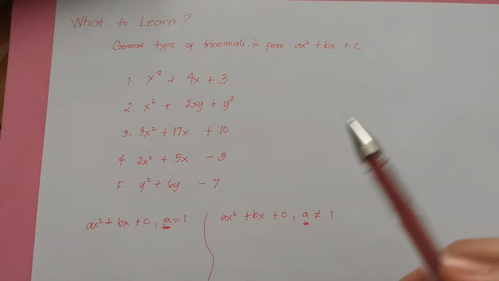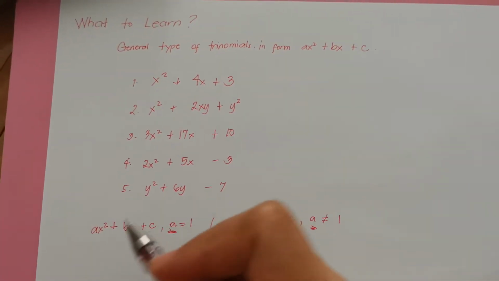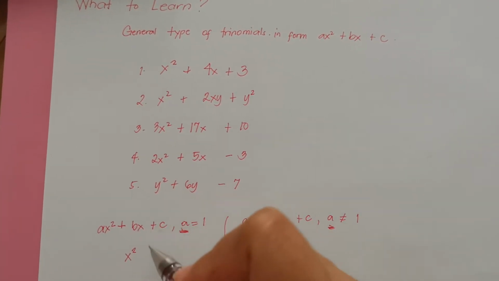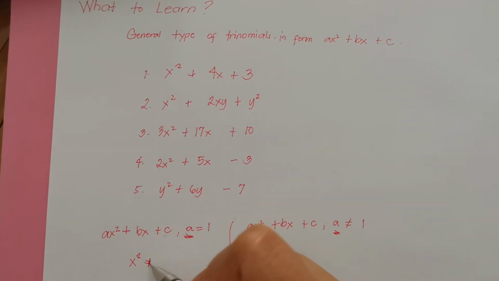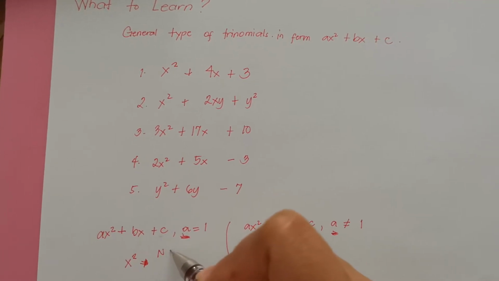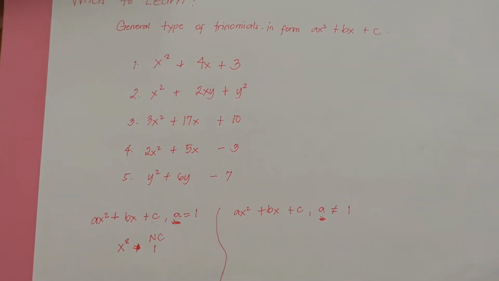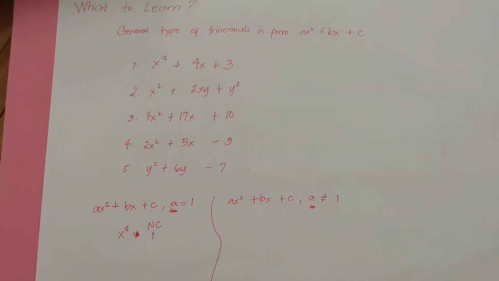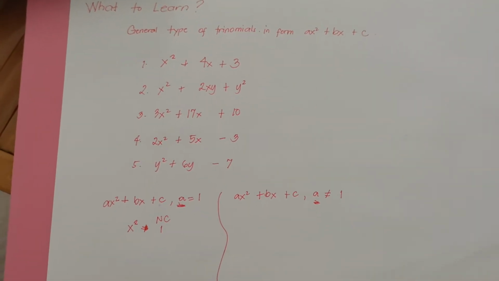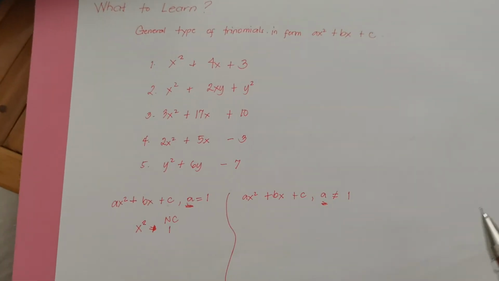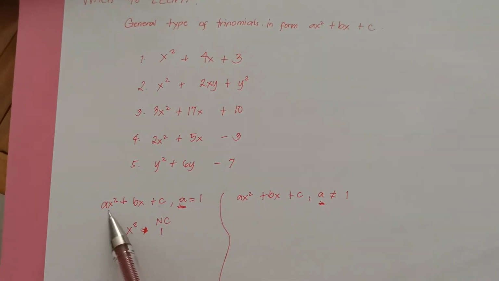Going back to our lesson in grade 7, if we have here x², take note that the numerical coefficient is equal to 1. We no longer write the 1. It is understood, because if we're talking about the numerical coefficient and the variable, they are multiplied.